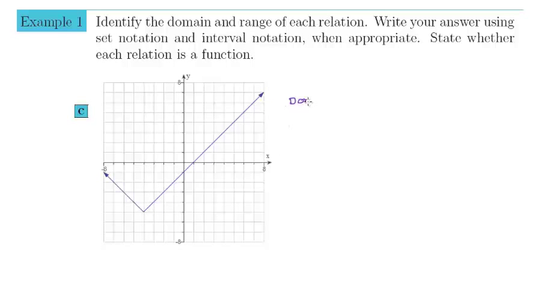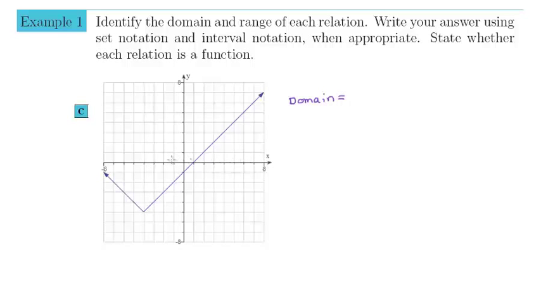The domain, recall, is the input values, or the x values if you like, that pertain to this relation. Now, as we look at this relation in terms of x values, we want to see how the x-axis corresponds to this graph. Is there an endpoint for the x's?